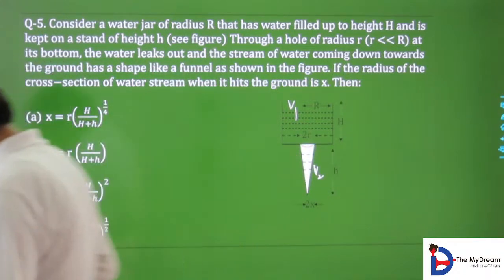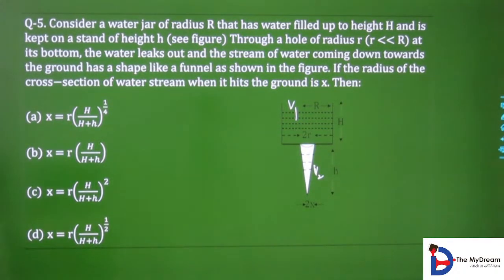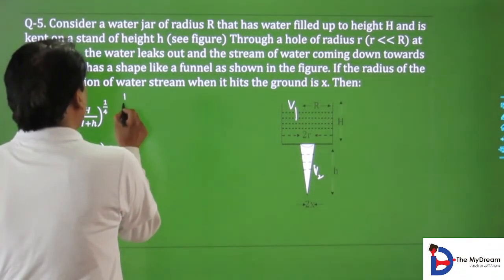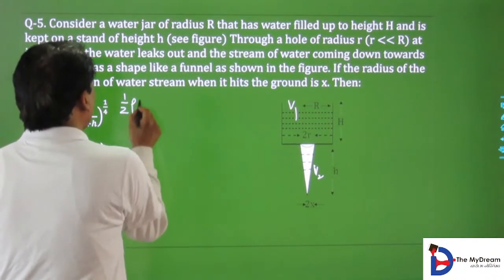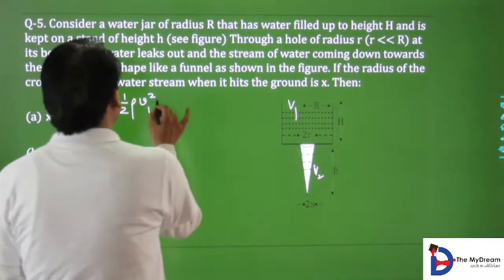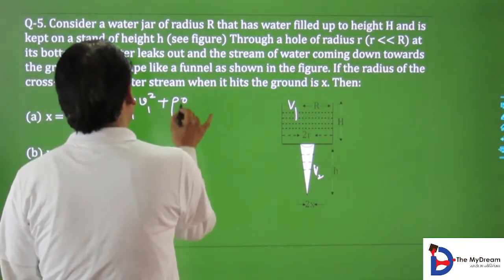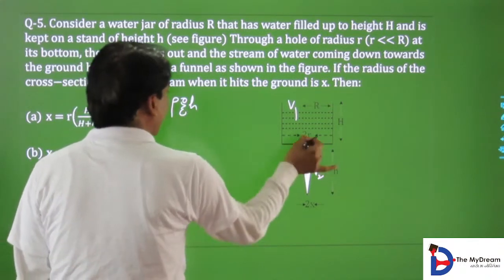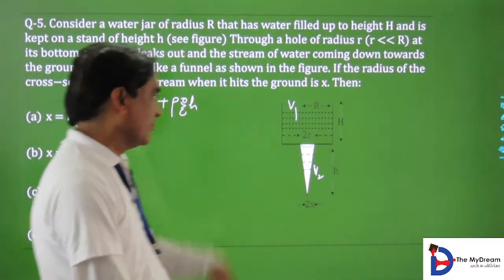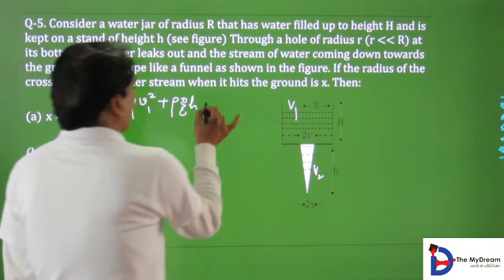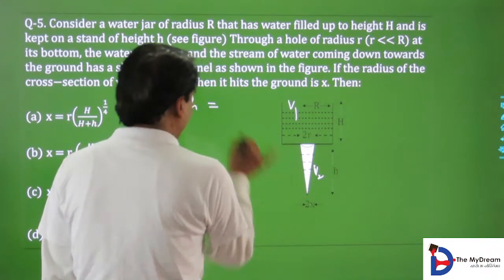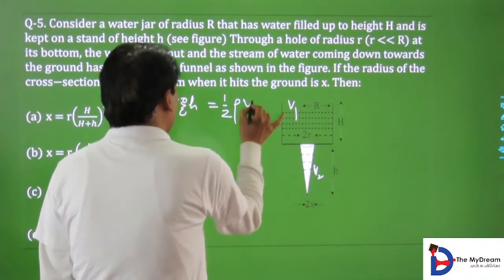So according to the Bernoulli principle, half rho v1 square and the pressure, that is rho gh, is exerted on this, and as the water flows in a streamline, this is v2.